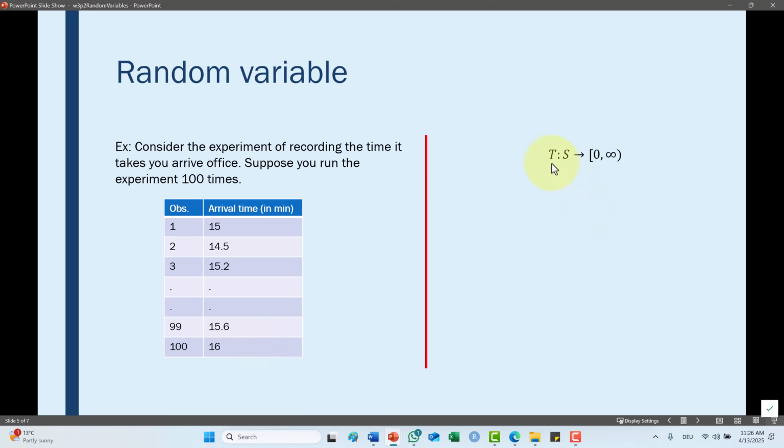Nevertheless, this t, which is defined from s to 0 infinity, is a continuous random variable, as we defined earlier, because this 0 to infinity contains any number between 0 and infinity. And that's why this is a continuous set of numbers. Therefore, this random variable t, which is our time to arrive at the office, is a continuous random variable.